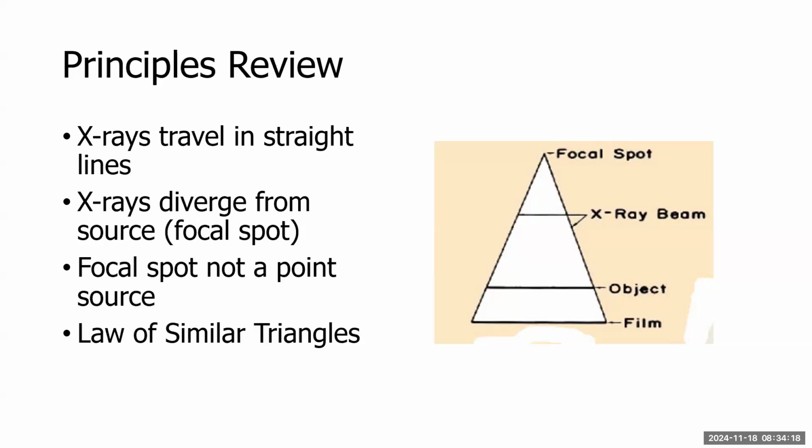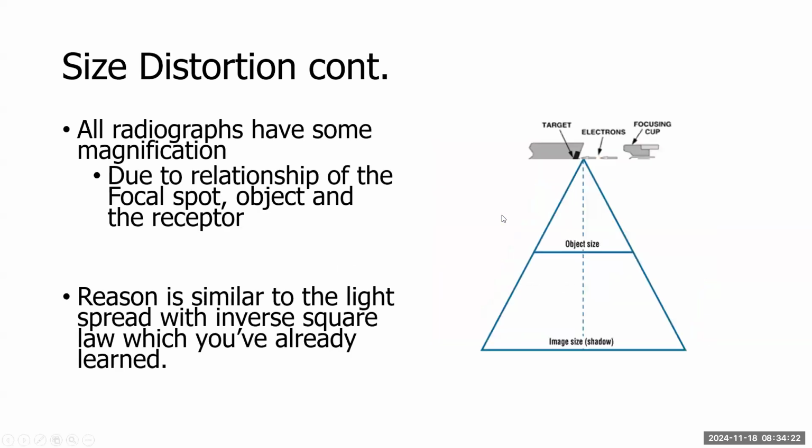So we can use the law of similar triangles when we're talking about size distortion. All radiographs have some magnification due to the relationship of the focal spot, the object, and the receptor. The reason is similar to the light spread with inverse square law, which we've already talked about. So when I say that there is always some magnification, it's because of the divergence of the beam.